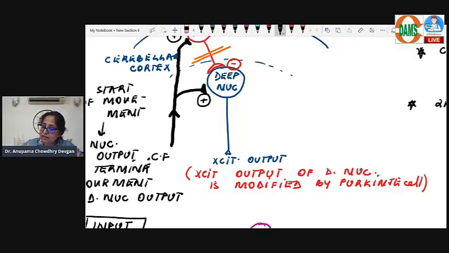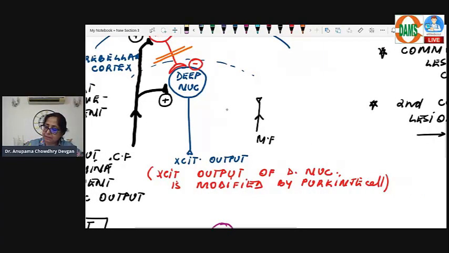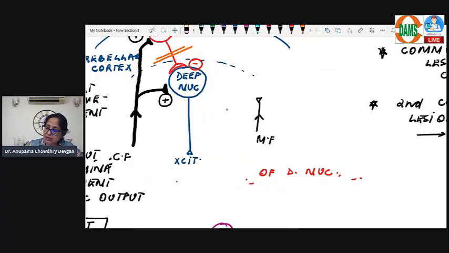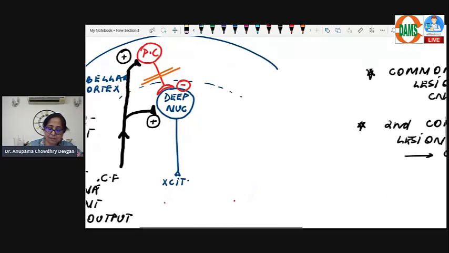Mossy fiber will enter into the cerebellum, and this now synapses with the granule cell.